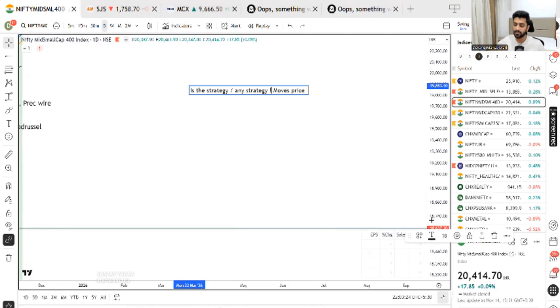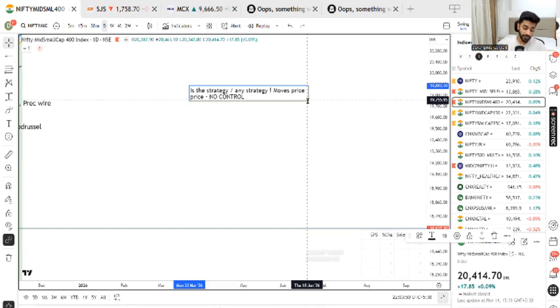No. That doesn't move prices. We don't have any control over prices. If they want to move, they'll move. If not, then it didn't happen. Price move कर रहा है तो कर रहा है, नहीं कर रहा तो नहीं कर रहा. No control.